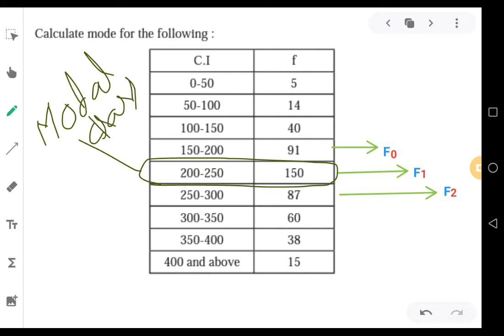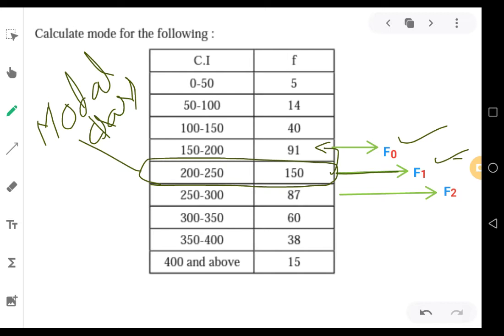What do we call the class with the highest frequency? Modal class. Now the frequency of the modal class has to be marked as F1. The frequency of the modal class is taken as F1, and the frequency which is above the modal class, the frequency in the class interval before the modal class, we have to take as F0.